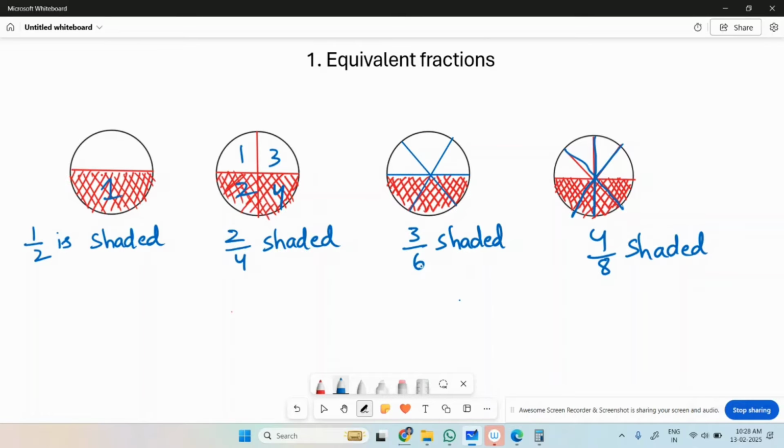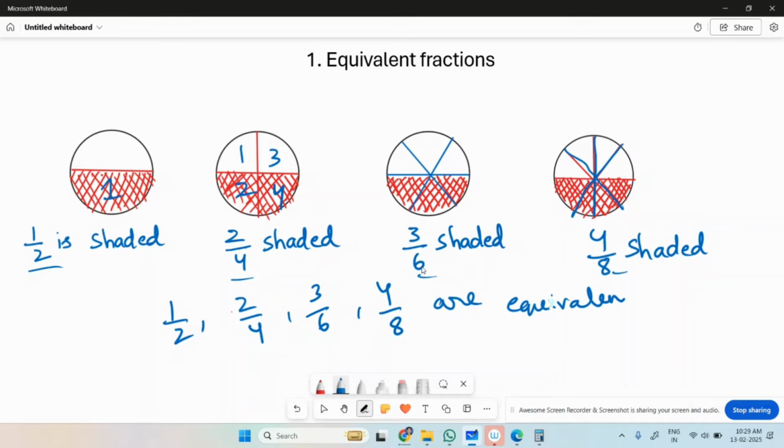What do we observe here? We see that the shaded regions in all the figures are the same. So, the fractions represented by these shaded portions are equal. That means 1 upon 2, 2 upon 4, 3 upon 6, 4 upon 8 are equivalent fractions.